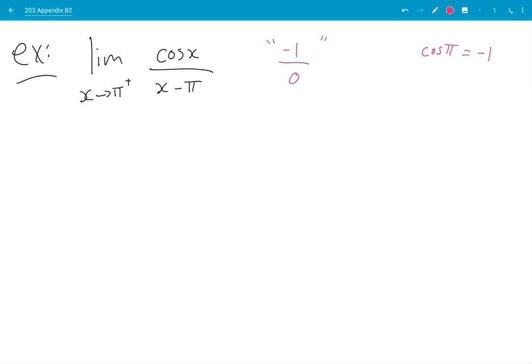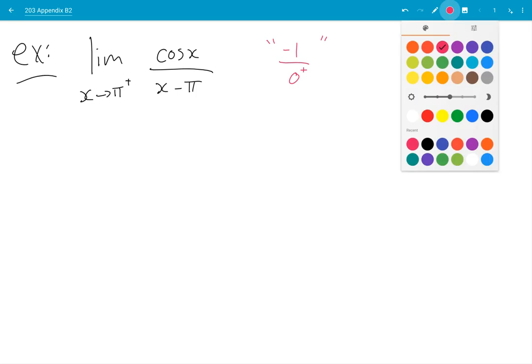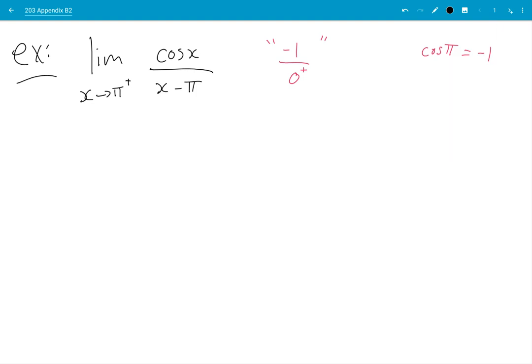So not using L'Hopital's rule. What am I using? Well, this guy here, is that 0 plus or 0 minus? Well, because this is a plus, that makes this a plus, right? Okay, so I'm not saying it's easy, but it's not what's called an indeterminate form.